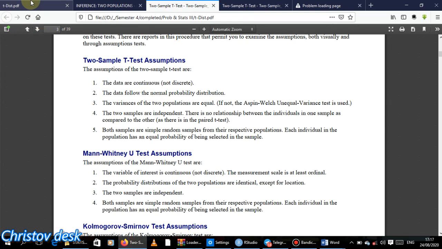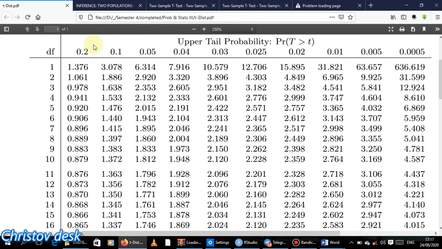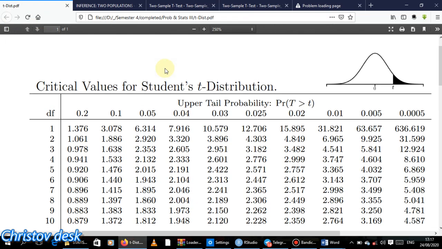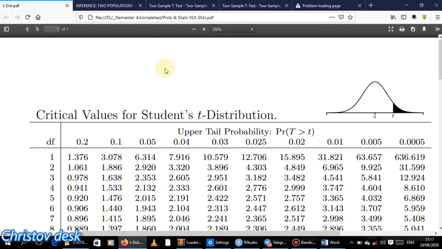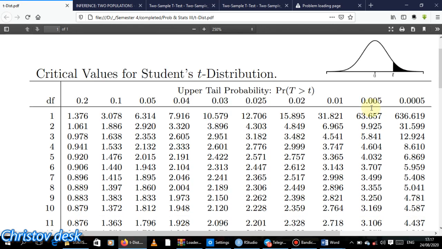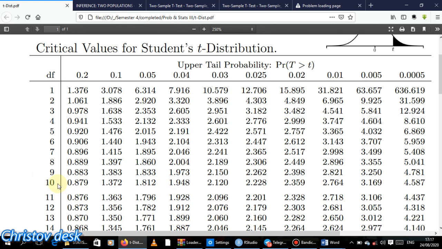So this is the t distribution table. Now our degrees of freedom from the question was approximately 10, and our test statistic was negative 1.8356.